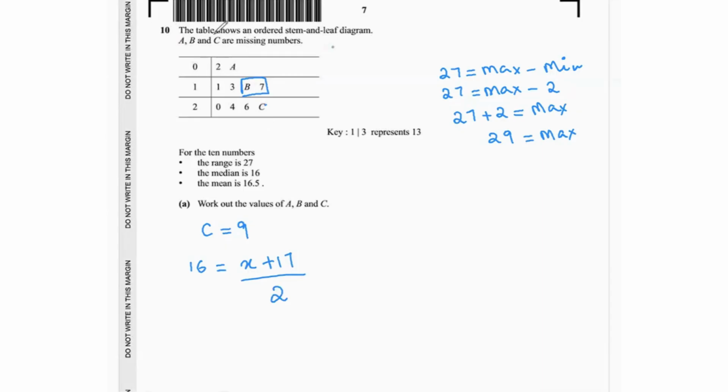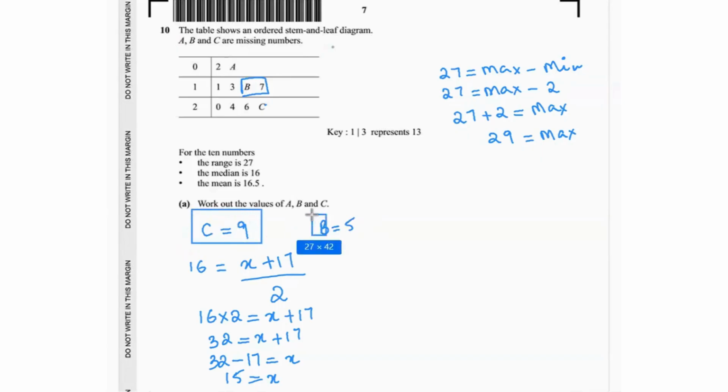I'm taking the 5th number as x. And then once I have the value of x, I will be able to figure out what B is. So we do 16 times 2 equals x plus 17, which is 32. And then we do 32 minus 17, which is equal to 15. So that means B is equal to 5. Let me just highlight these. C is 9, B is 5.